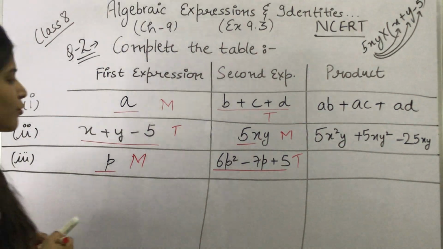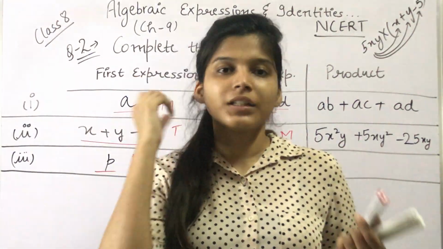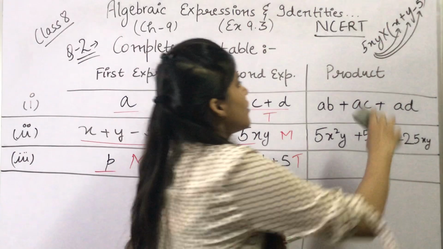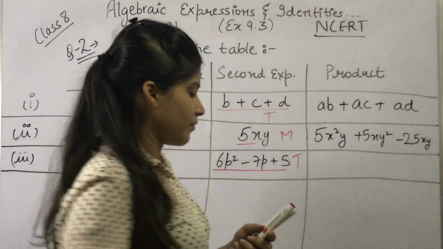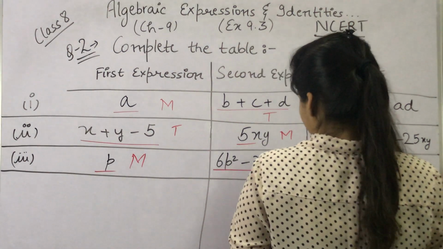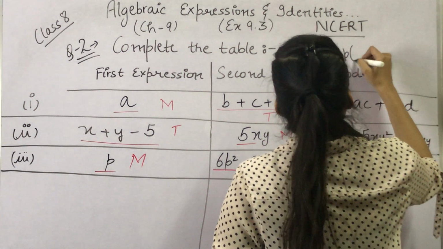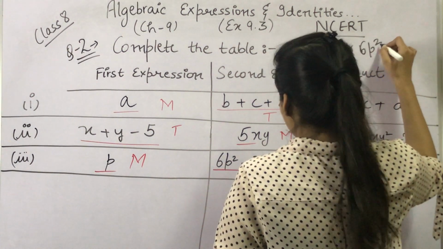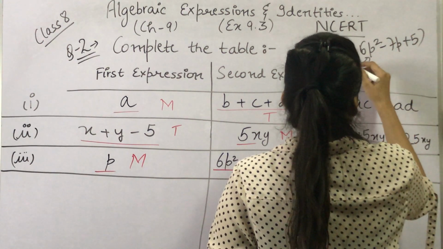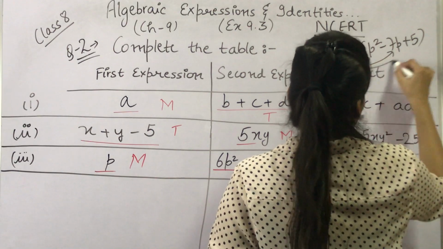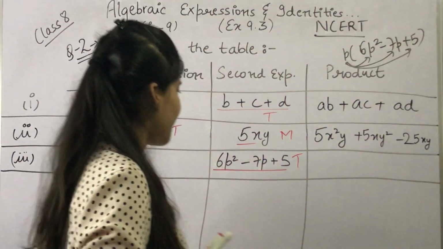So again we have to multiply a monomial expression by a trinomial expression. So again what we will write? p into 6p square minus 7p plus 5. So p into 6p square, p into 7p, then p into 5, ठीक है.